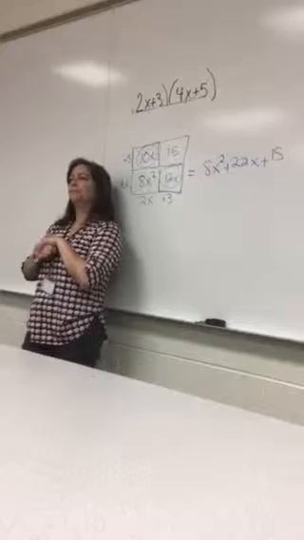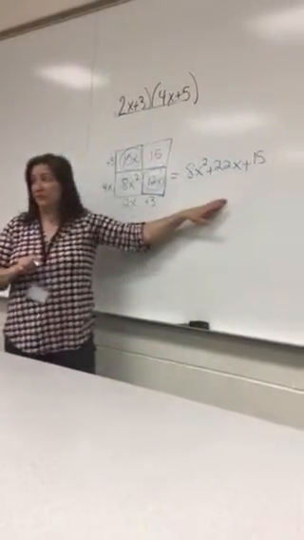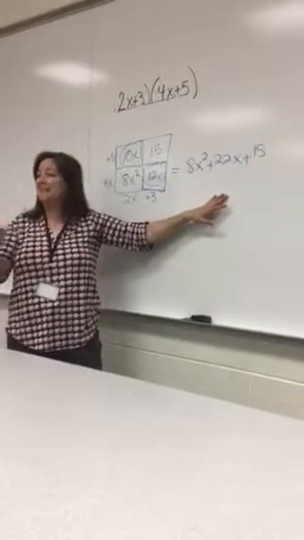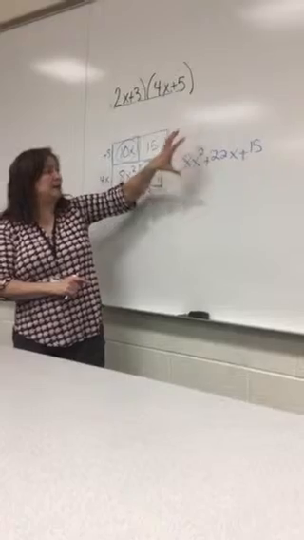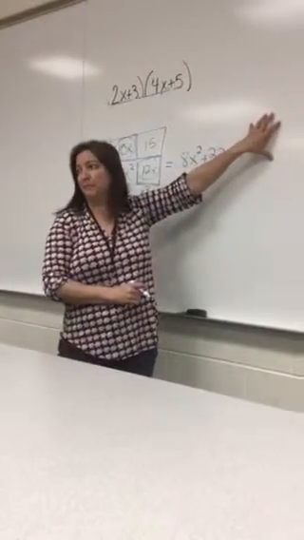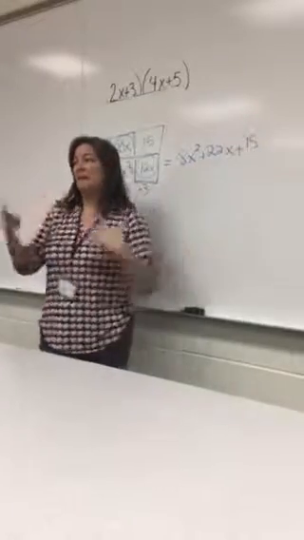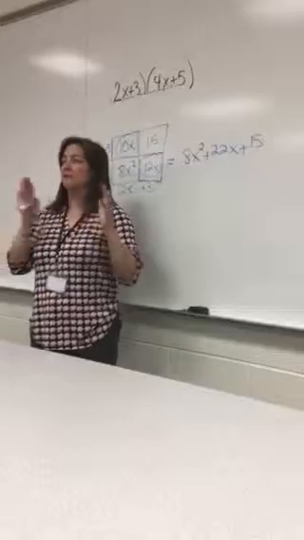Julia? Does it matter what order you write the terms in? Okay, so your final answer, guys, should be in descending order by exponents. So I've got my x squared first, then my x first, and then my number, my constant. If I happen to have 2 different variables, usually we'll put it in alphabetical order.